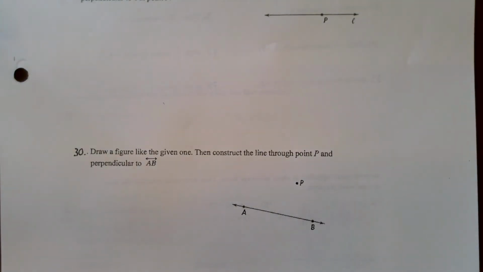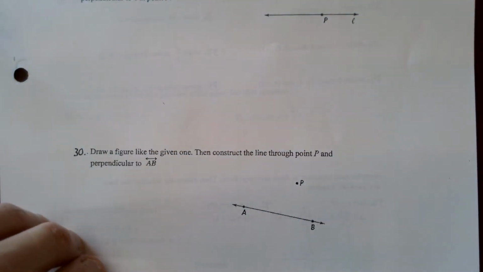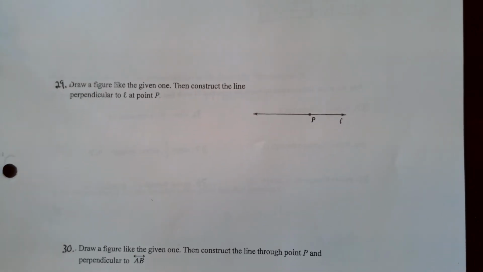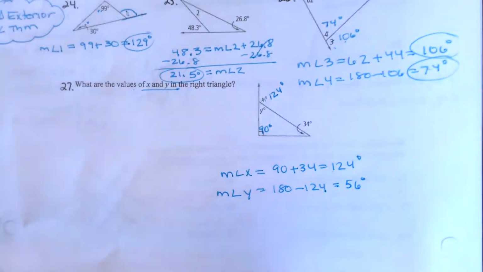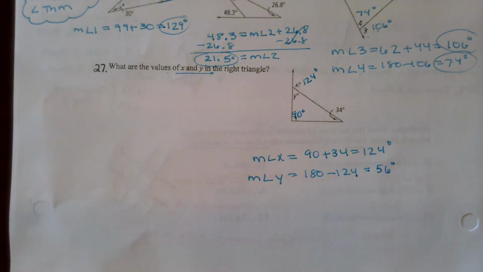All right. Yay, we get to do constructions, and there's nothing different than what's on these. Oh wait, there was one more thing I was going to ask you to do. This was an additional problem, so let me put this back up. I wanted to ask you a couple random questions here. So grab your piece of paper, and I'm going to give you a problem, and then I want you to pause it and do the problem, and then come back and see if you did it right.